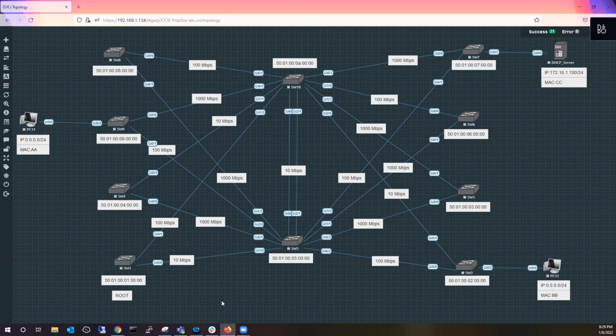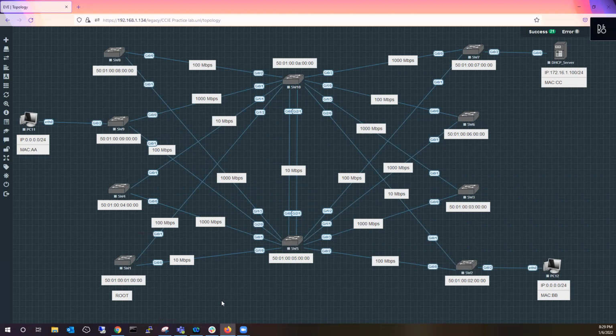Okay, so let's start at switch 10 and switch 5. Which one is our designated switch between switch 1, switch 10, and switch 5? Maybe I'm thinking about a different point.